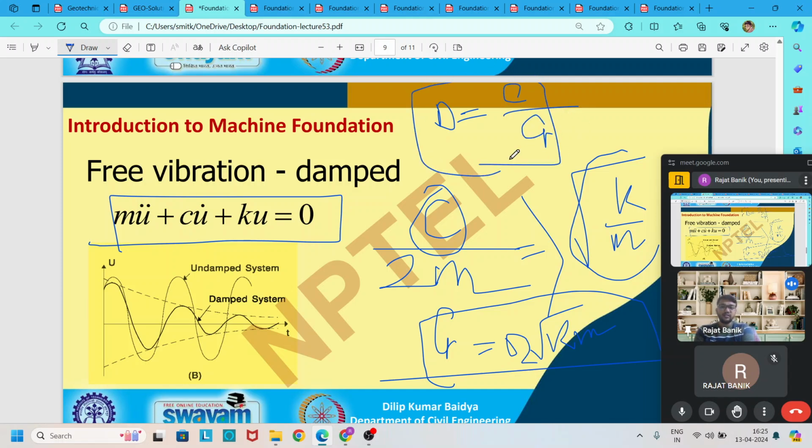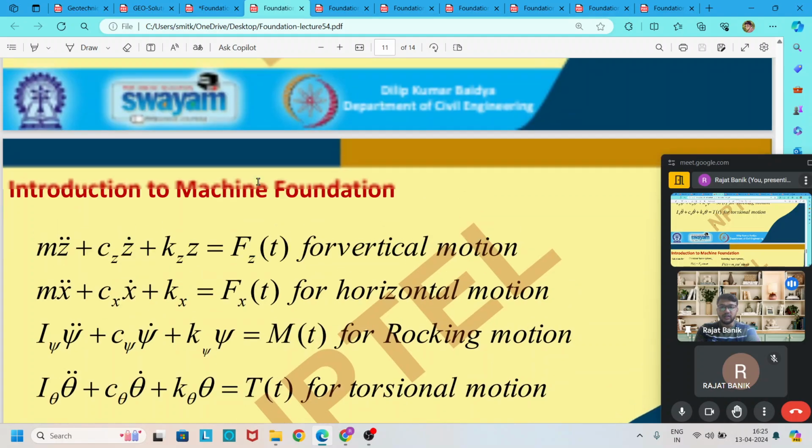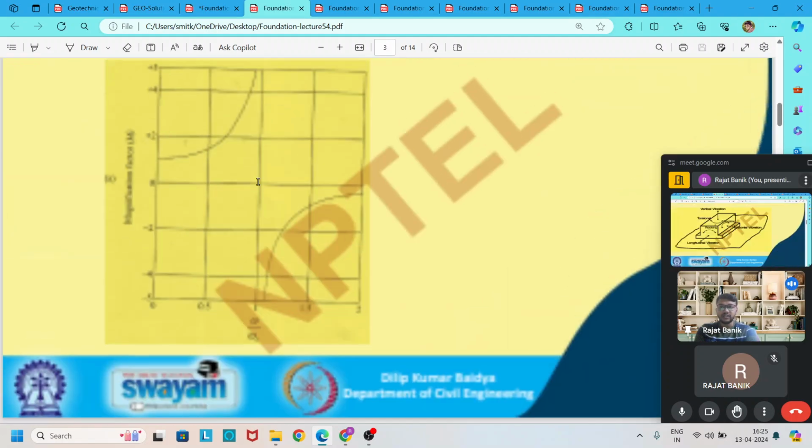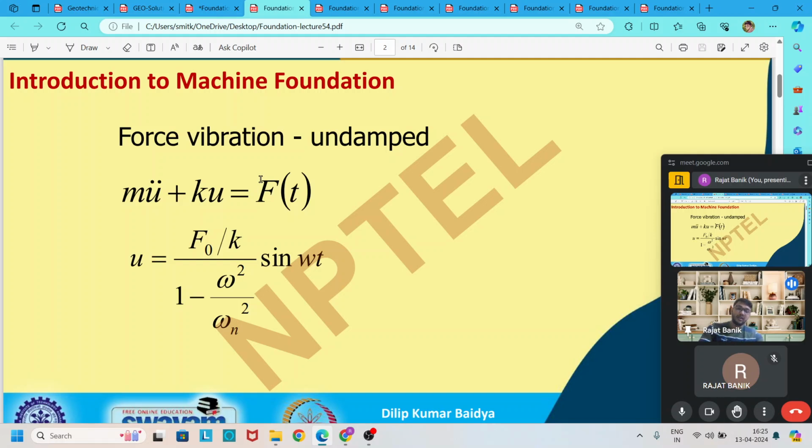So this free vibration damped system is very important to identify the damping properties of a material. Then in the next lecture we study forced vibration and the undamped system.